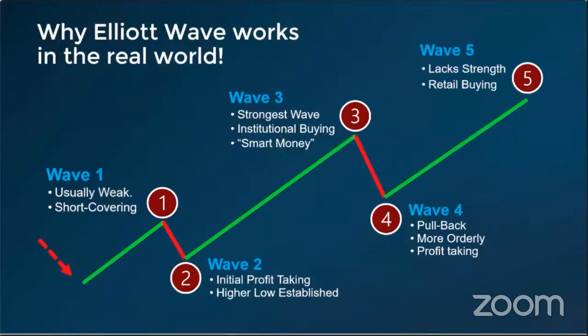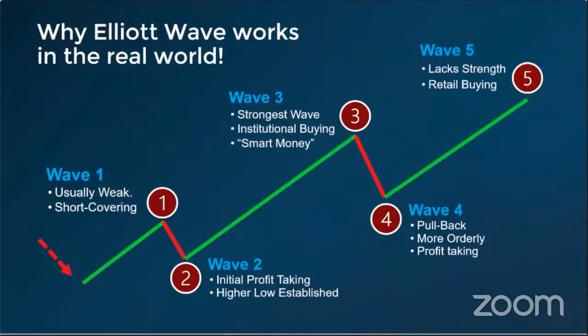So that's why wave 5 is not nearly as strong as wave 3, because wave 5 is dominated by retail traders. They're coming in and buying the rest of the shares that the institutions are selling because they made a good chunk of money in that wave 3, and now they're topping off their profits, if you will, as the retail public comes in. It's always this way. The retail traders always come in at the end of a trend.